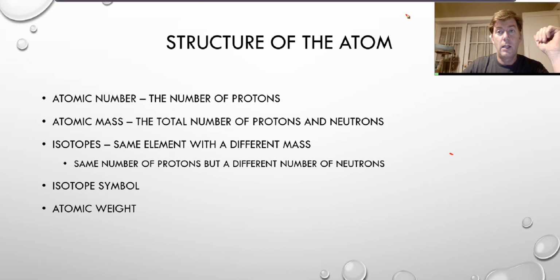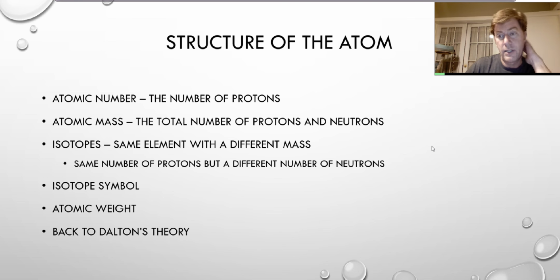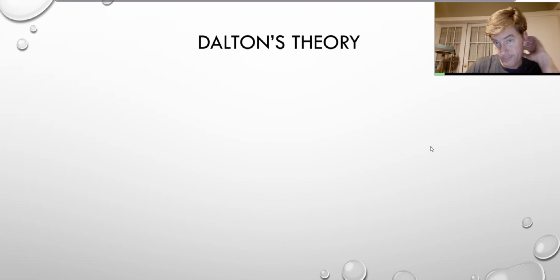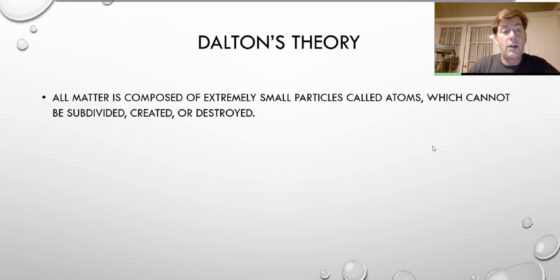So let's go back to Dalton's theory and talk about what things are not quite correct. So he said all matter is composed of extremely small particles called atoms which cannot be created, subdivided, or destroyed. Well, we know that's incorrect. Atoms can be subdivided. We could break up an atom. We can create atoms.